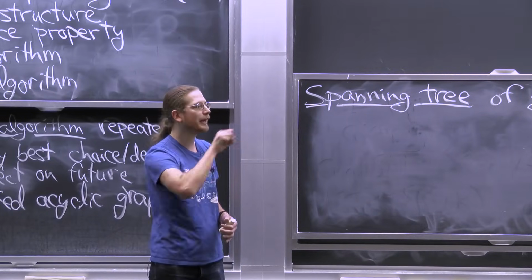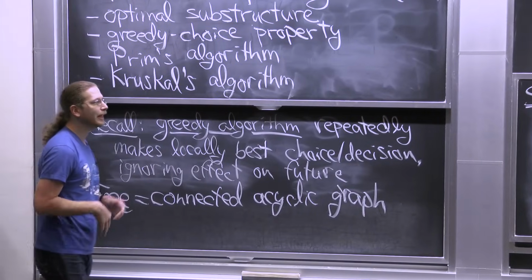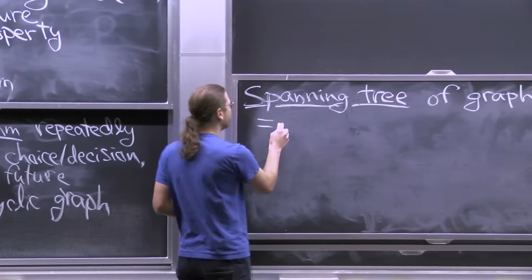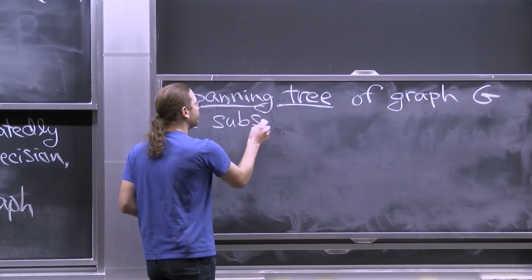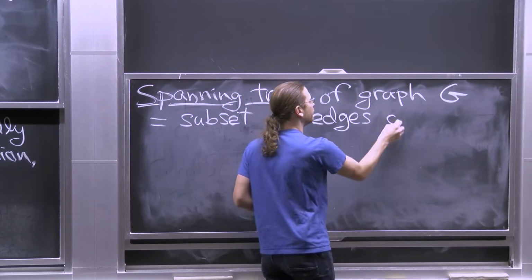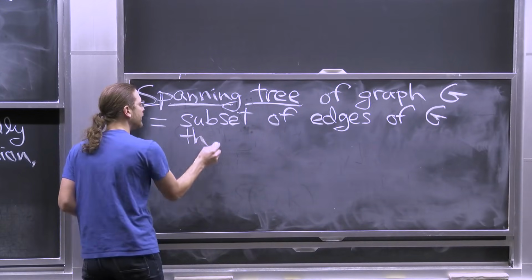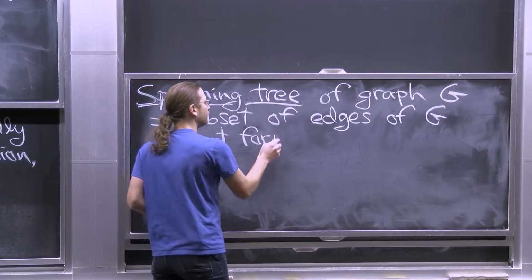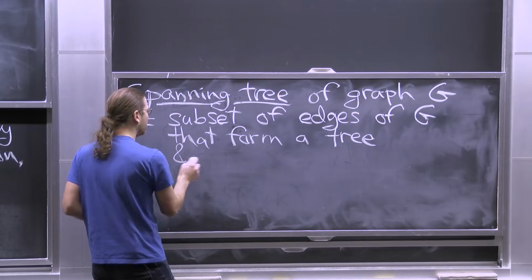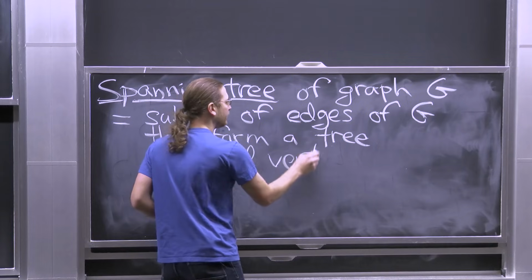So we're going to take some of the edges of G, make a tree out of them, make a connected acyclic graph, and that tree should hit all the vertices in G. So this is going to be a subset of the edges, or subgraph. Those edges should form a tree. And I'll say hit all vertices of G.